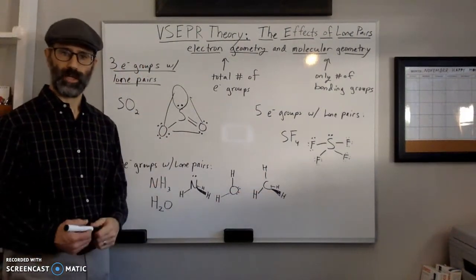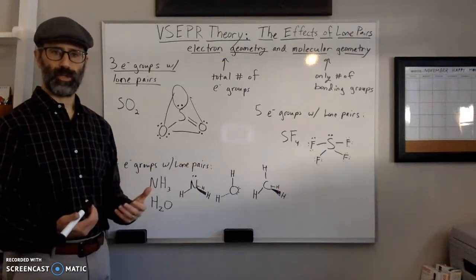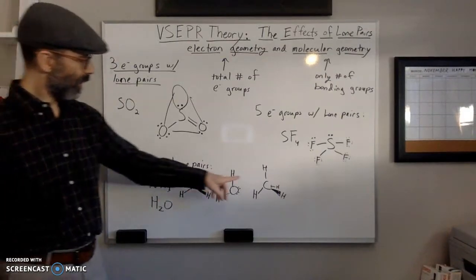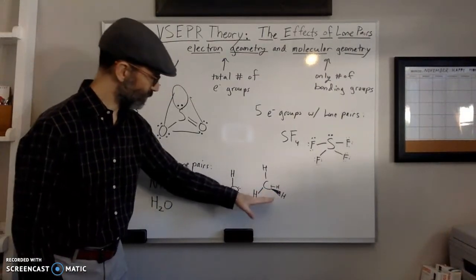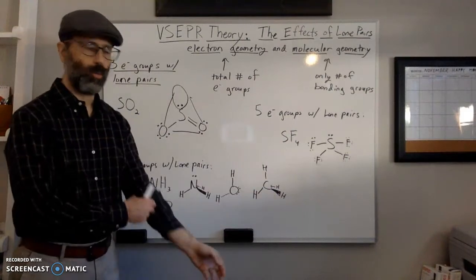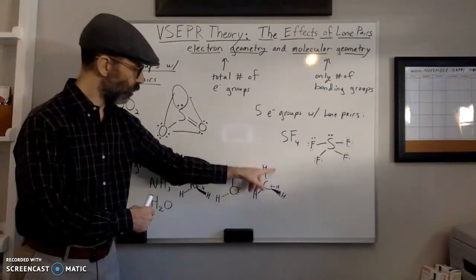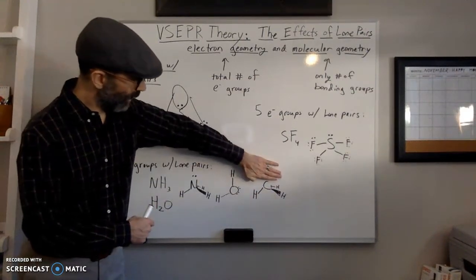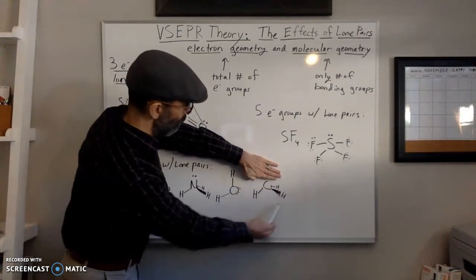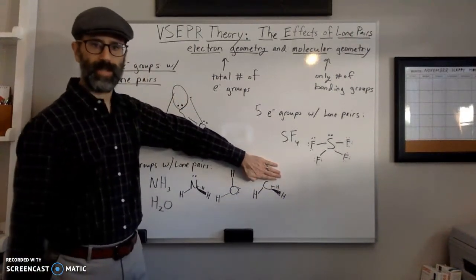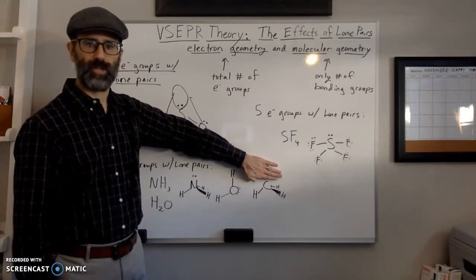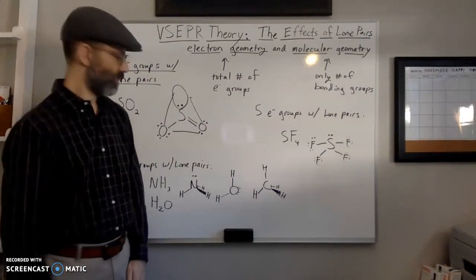Now what about their molecular geometries, their molecular shapes? If you look at this shape here, that's tetrahedral as we said, but what if this was a lone pair? If I cover that up, look at the shape of the molecule now. That does not look the same as tetrahedral. That looks different.